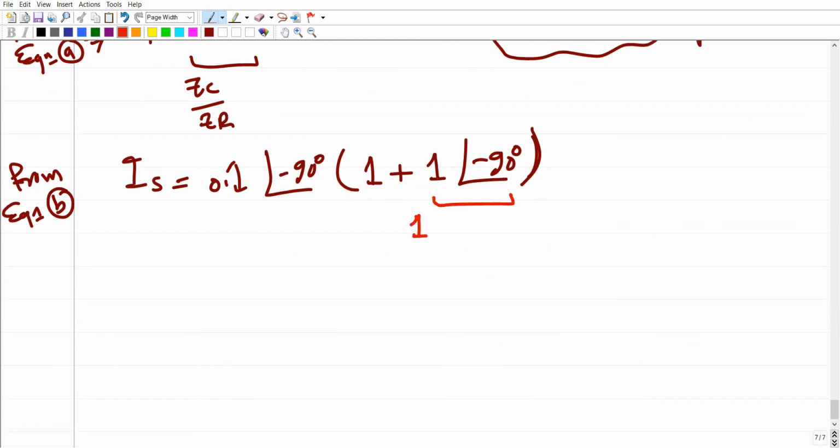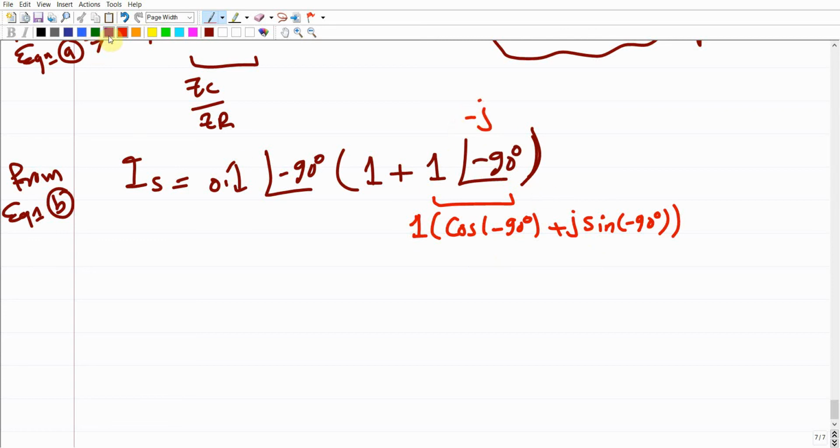So this is going to give us 1 times the cosine of negative 90 degrees plus j sine negative 90 degrees, or it can be converted directly into negative j. Why? Because angle negative 90 is equivalent to negative j directly in the rectangular form. So you can either do the calculation or convert it directly into negative j.